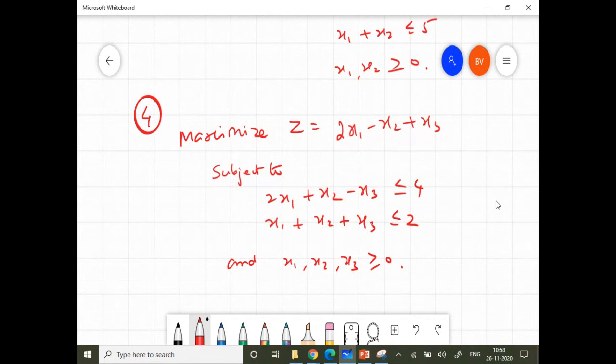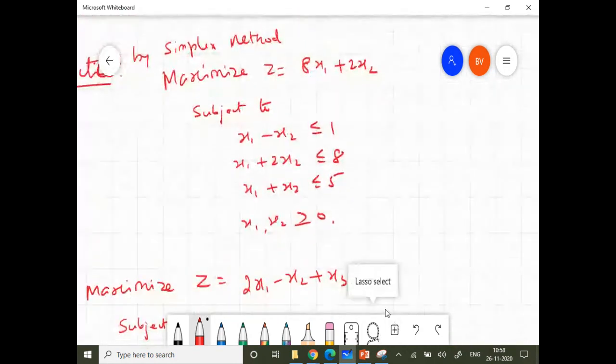The answer for this problem is z maximum is 4, x1 is 2, x2 and x3 are zeros.